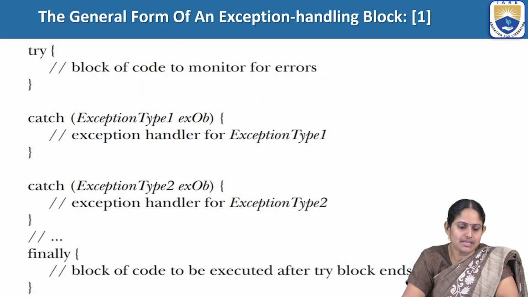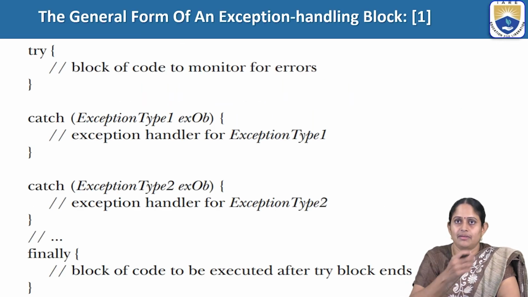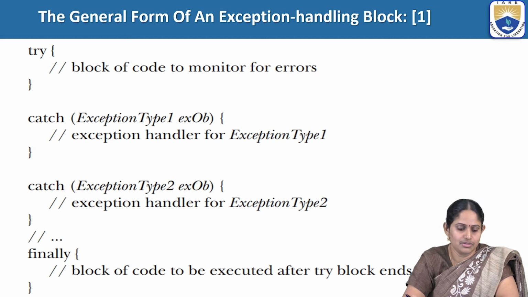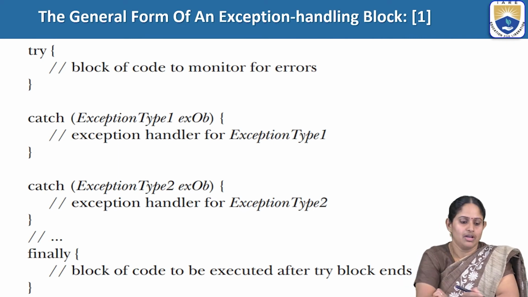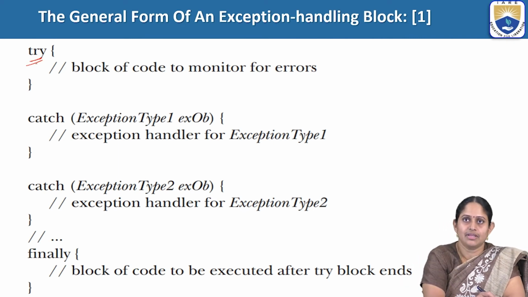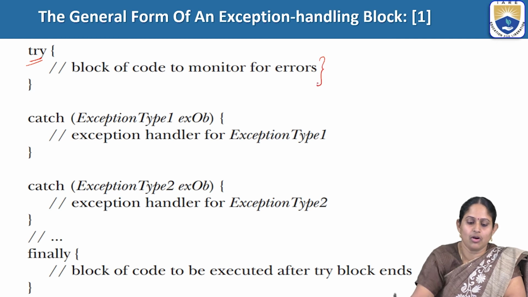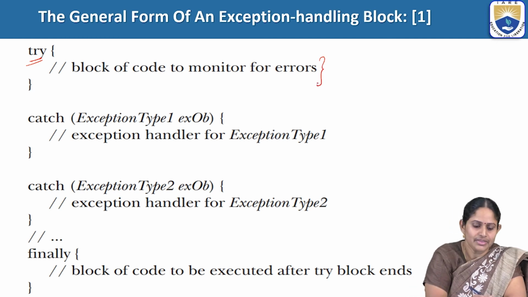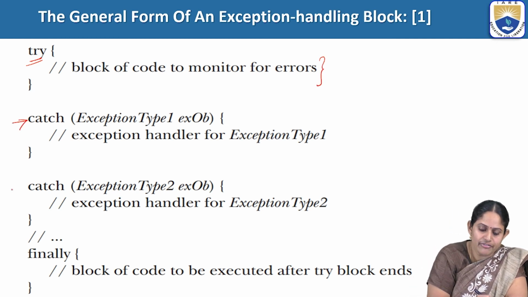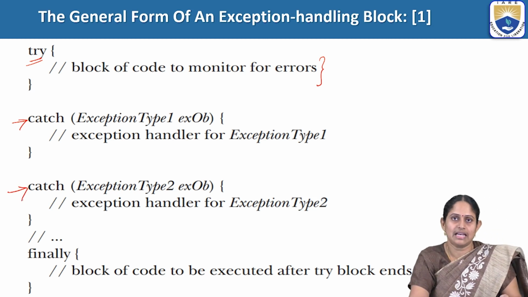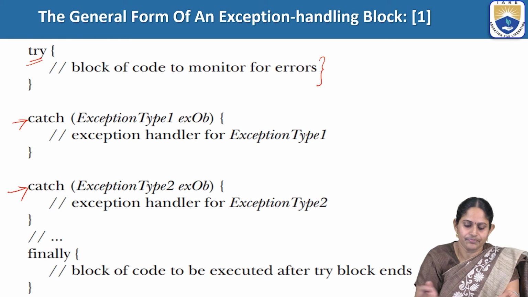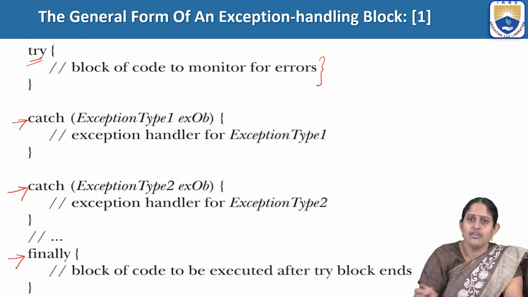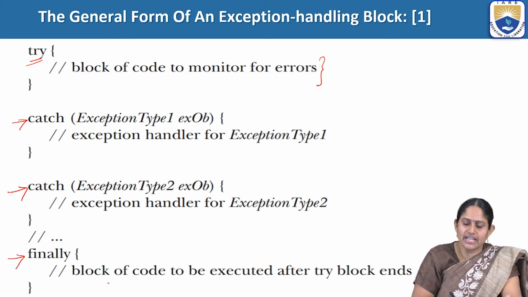So the catch block will always follow the try block. This is the general or basic form of the try-catch block. You will have the try block for the block of code for monitoring the error. Then you can have multiple catches, and then you will have the finally block.